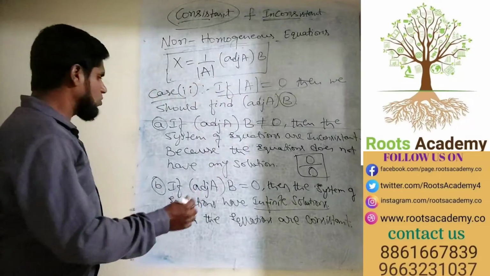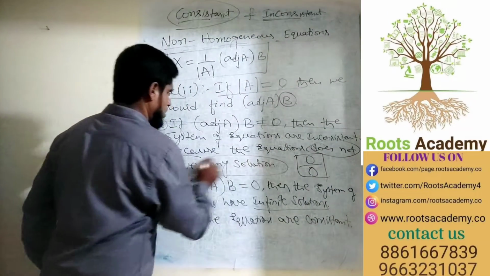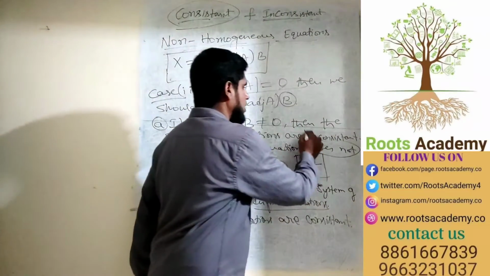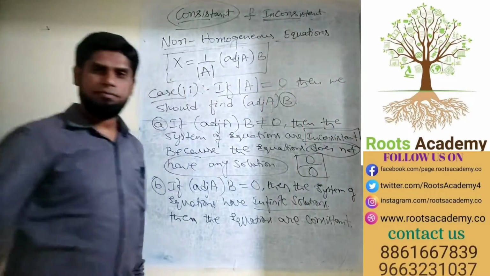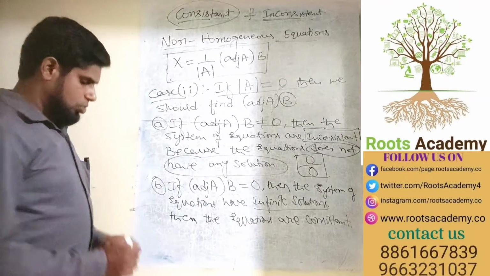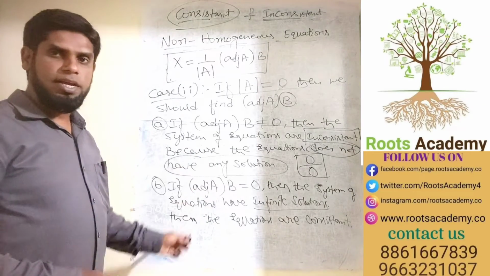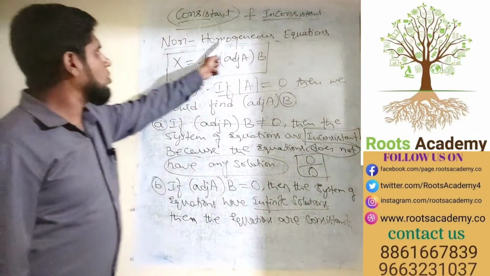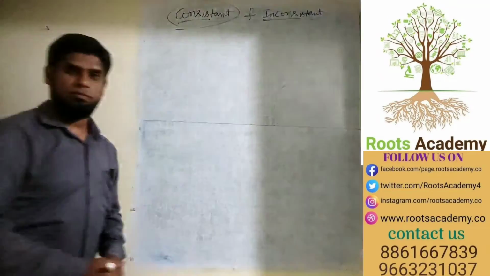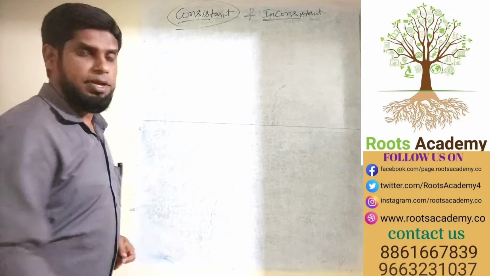If there is no solution, then we call the system of equations inconsistent. So student, I hope you understood consistent and inconsistent for non-homogeneous equations. Now students, we'll go to the homogeneous equations.